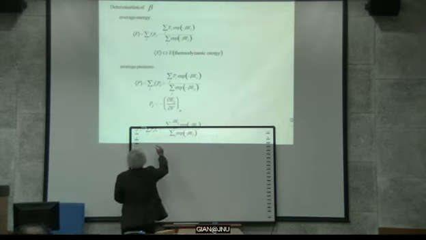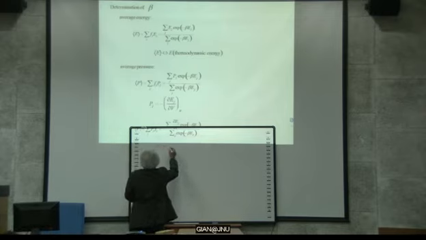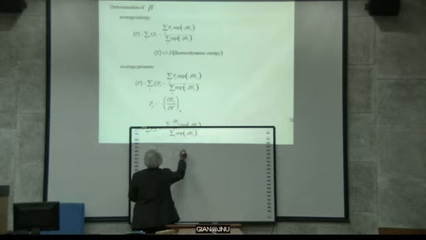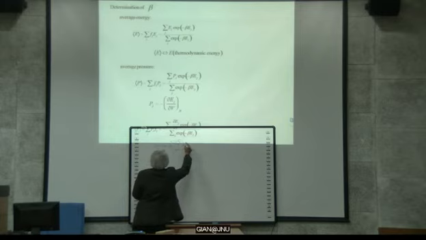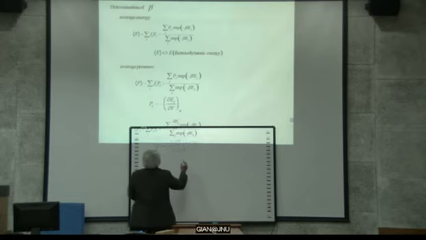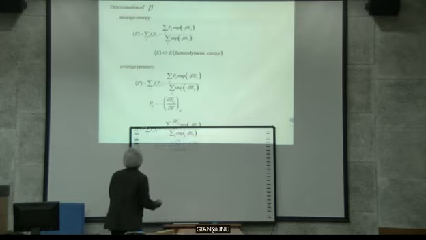This is in the border, so also easy to see: the derivative of EJ over V, number of particles fixed, exponential minus beta EJ.